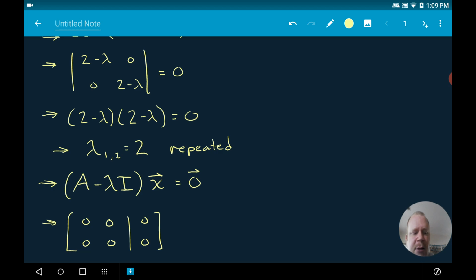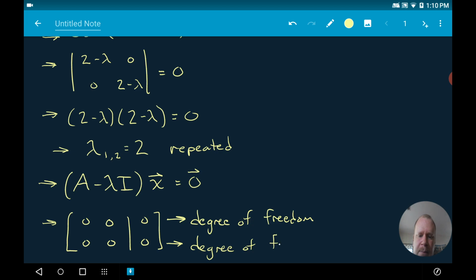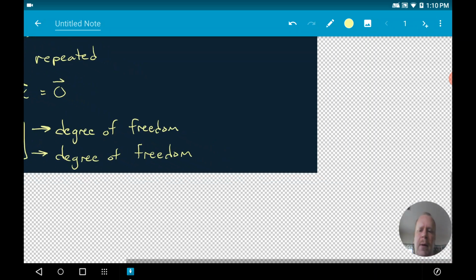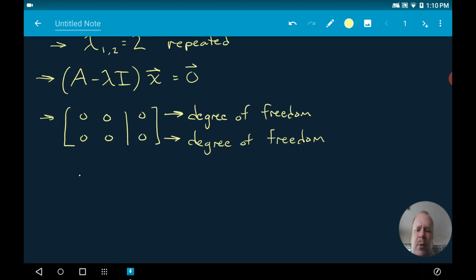So this is our augmented matrix, and we've seen this before. This gives us a degree of freedom, and this line also gives us a degree of freedom. So we get to choose any values for our eigenvector.